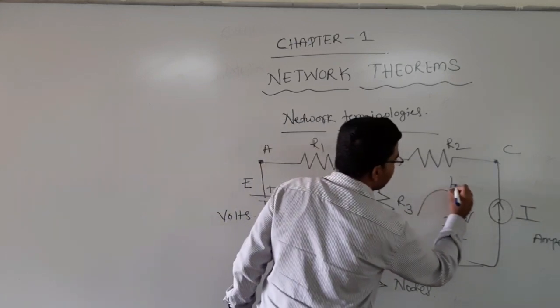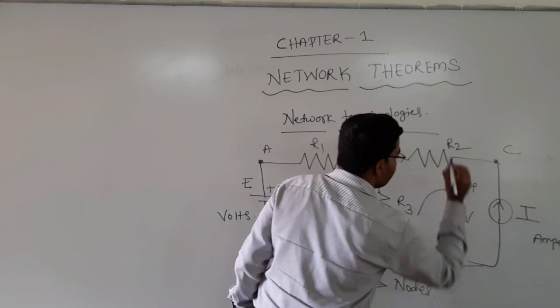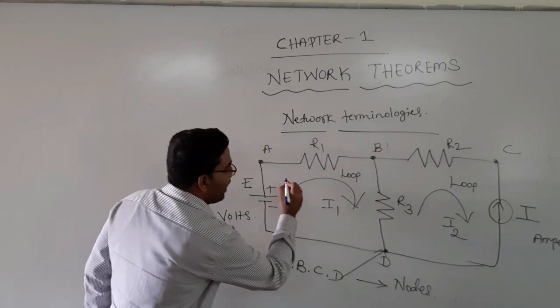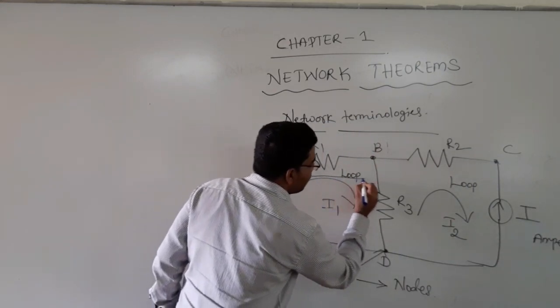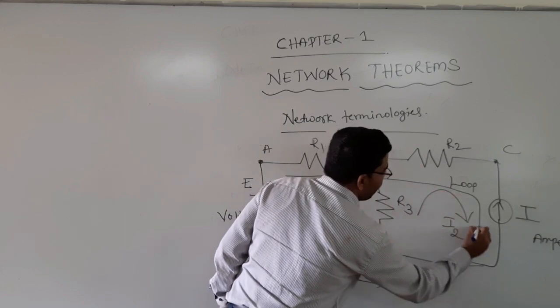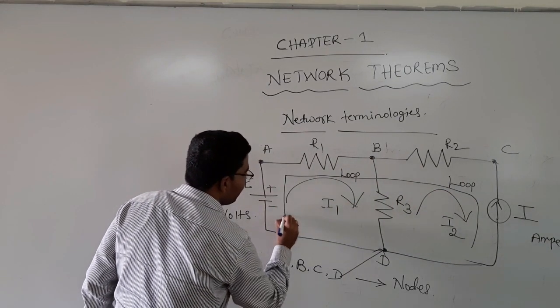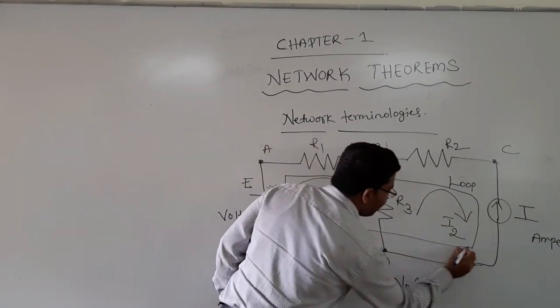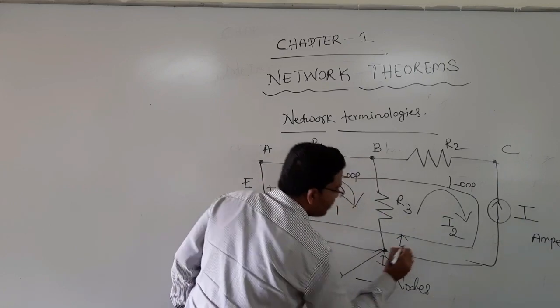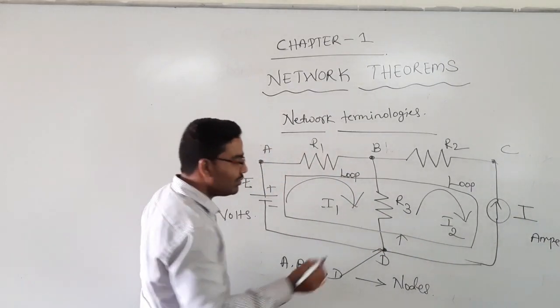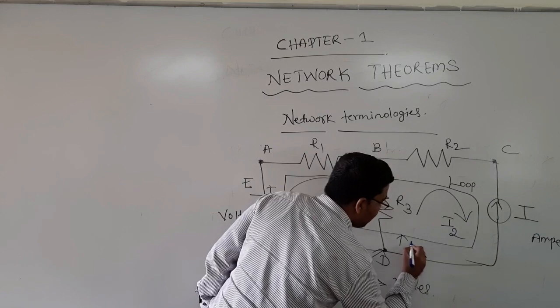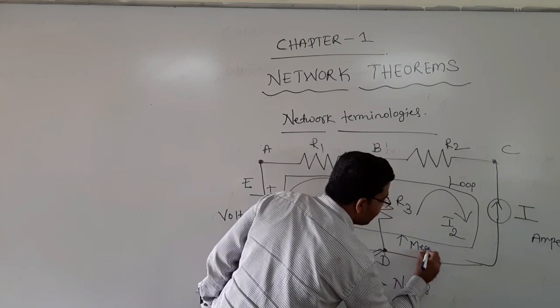Then combining both of these, we call it a mesh. It cannot be divided. That's why it is called a mesh.